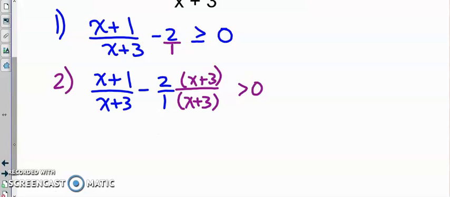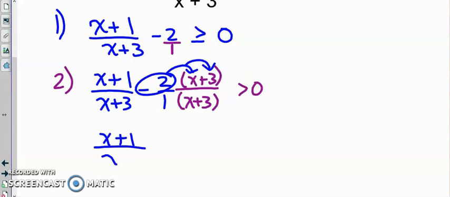All right, we multiply everything through the numerators. So it'll give us 2x plus 6. And sorry, let's do the negative with it also. So -2 times x and -2 times 3. So we have x plus 1 over x plus 3 plus -2x minus 6 over x plus 3.